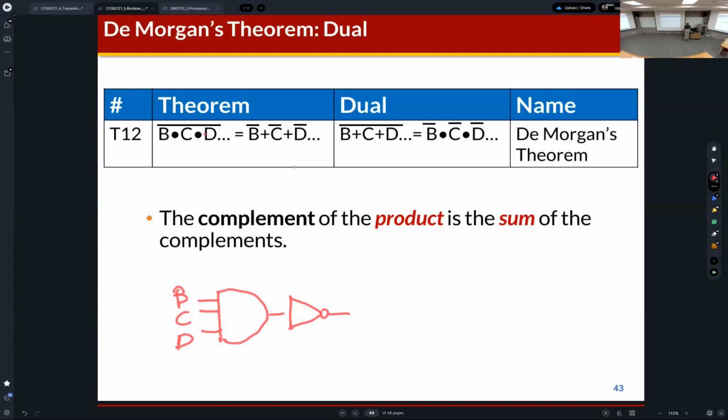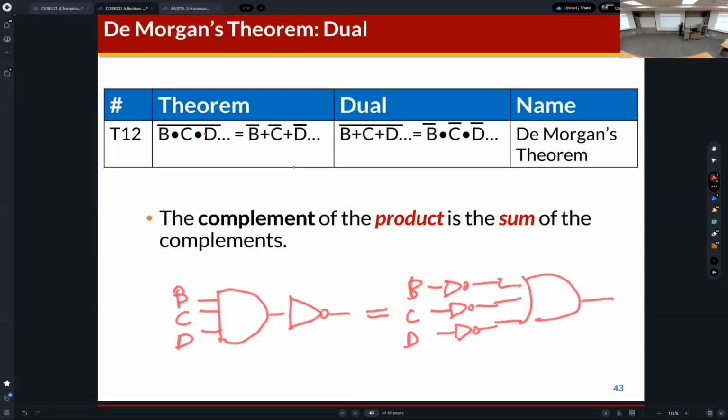But this can be the same as B bar, so B, C, D, with a NOT gate here, NOT gate here, NOT gate here, and then the OR gate. This is the De Morgan theorem.